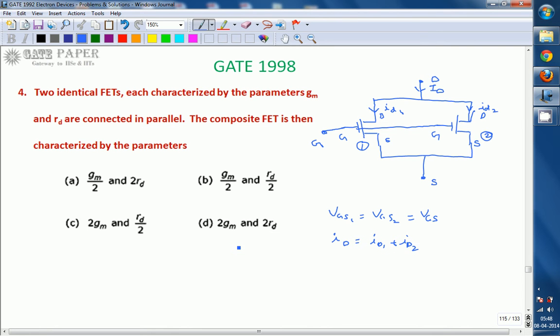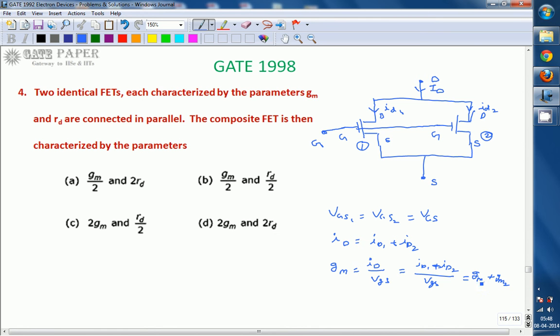We know that transconductance is gm. gm is equal to ID by VGS. ID is ID1 plus ID2, divided by VGS. So ID1 plus ID2 by VGS, and you can separate it: ID1 by VGS plus ID2 by VGS, which implies what you get is gm1 plus gm2.